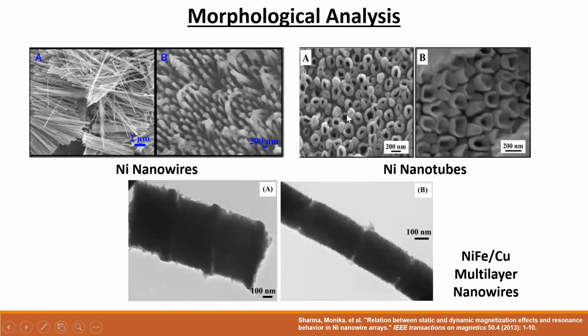You can see that depending upon the thickness of the nanotube, there will be a variation. This has a smaller thickness, and if you see this, they have a much greater thickness. We are also able to synthesize multi-layer nanowires. Multi-layer nanowires have specific applications in GMR devices.